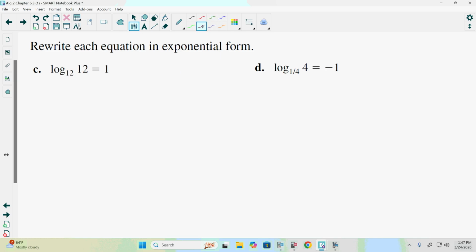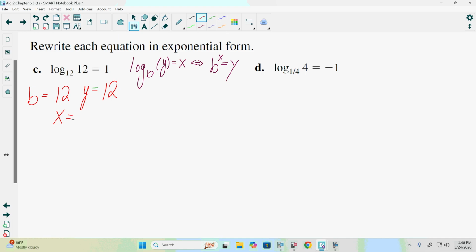Again, I will put it back up here: log base b of y equals x if and only if b to the x is equal to y. So when I look at C, log base 12 of 12 equals 1, b is 12, y is 12, and x is 1.